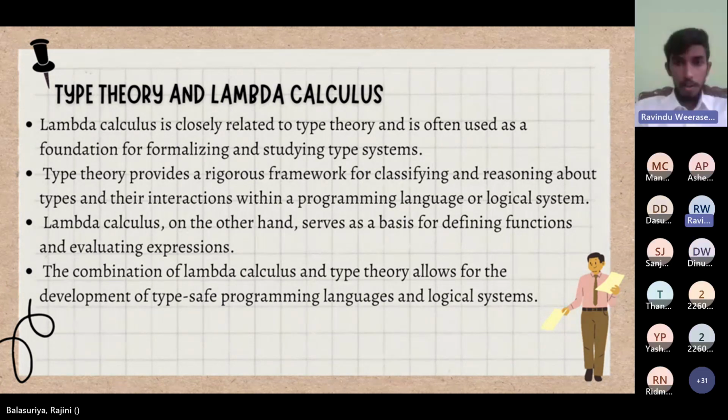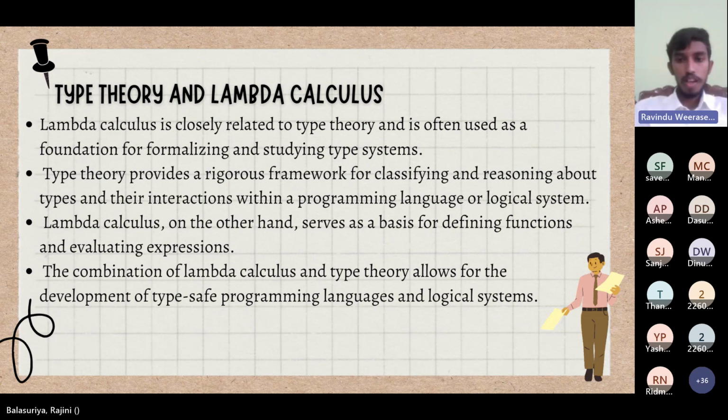Type theory and lambda calculus. Lambda calculus is closely related to type theory and is often used as a foundation for formalizing and studying type systems. Type theory provides a rigorous framework for classifying and reasoning about types and their interaction within a programming language or logical system.